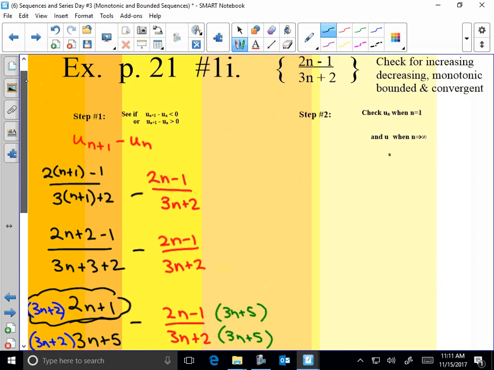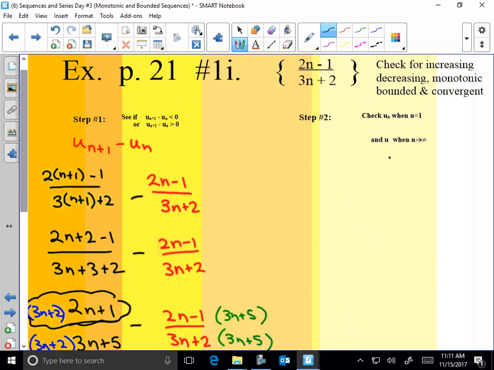Let's plug in 1. Let's check when n equals 1. So u of 1, what would that equal? It'd be 2 times 1 minus 1 over 3 times 1 plus 2. So 2 times 1 minus 1 is just 1, and 3 times 1 plus 2 is 5. So our starting point is 1/5. Does it increase or decrease from there?